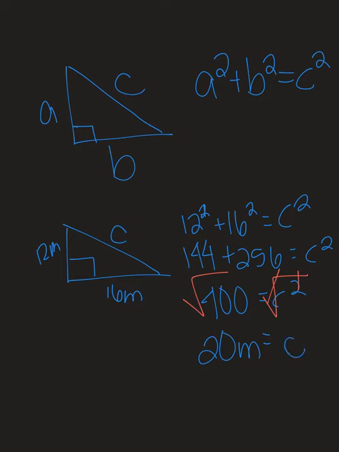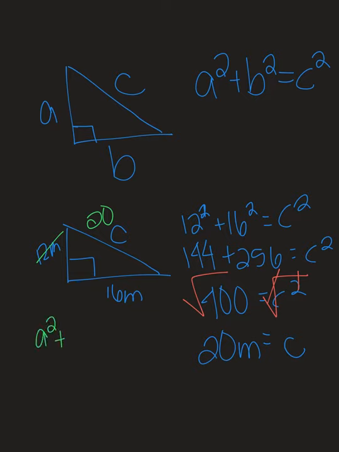Again, you can find any piece. If I was looking for, let's say, I knew that this was 20 instead of knowing that this leg was 12, then you would do subtraction.